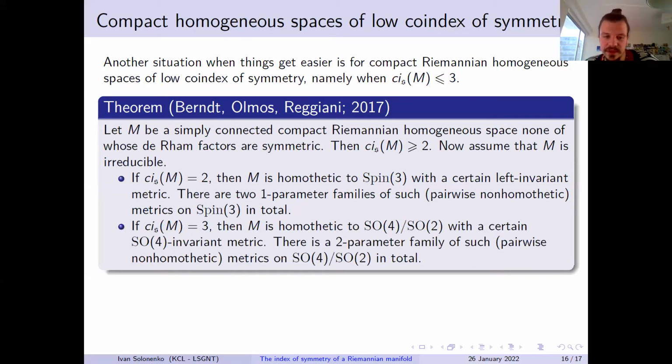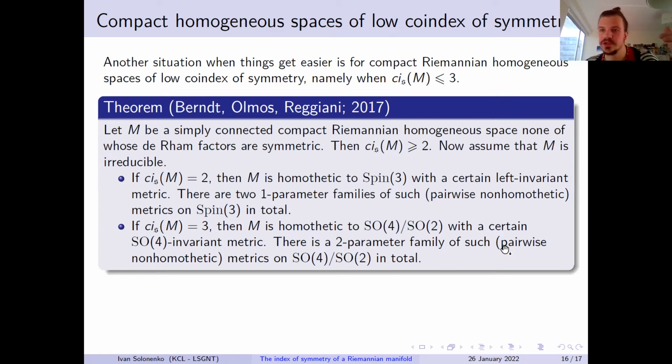And if the co-index of symmetry is 3, if the leaves are of codimension 3, then M is homothetic to SO4 mod SO2, this Stiefel manifold. Not really the Stiefel manifold, because the metric you take on SO4 mod SO2 is strictly different from the one we described before. If you go back to our construction of SO4 mod SO2 as the Stiefel manifold with the normal metric, I mentioned that if k equals 2, which is the case here, then the leaves of symmetry will be just circles, whereas the dimension of this space is 5.